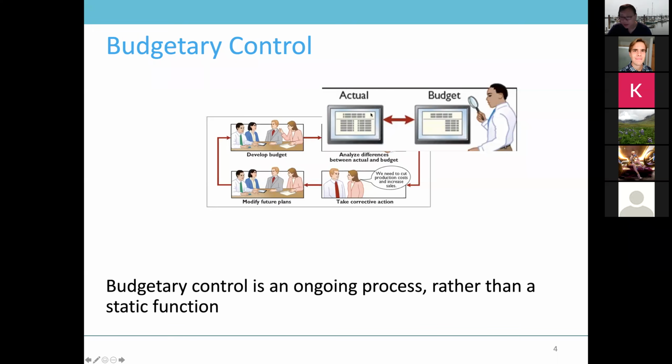You always compare the actual results versus the budget and analyze the difference. Why is there such a difference? How come the revenue at U of L dropped? Well, it's because of the provincial election. The government cut the funding by 40%. So you want to know the reason why the actual result is different from the budget.